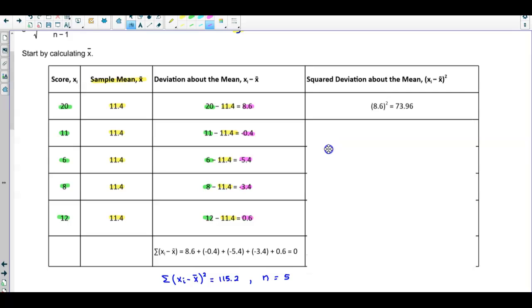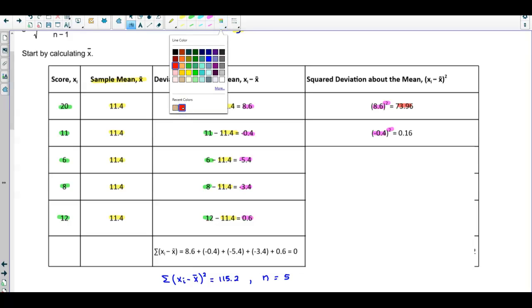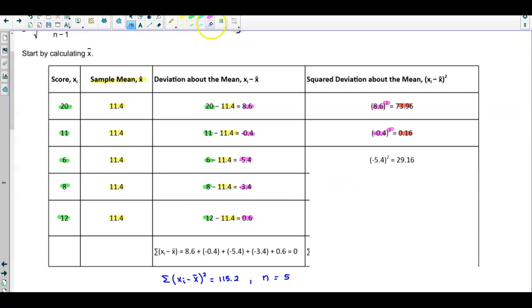So we take the deviation of 8.6 and square it to get 73.96. We take the next deviation of negative 0.4 and square it to give us 0.16. Then we take the next deviation of negative 5.4 and square it to give us 29.16.